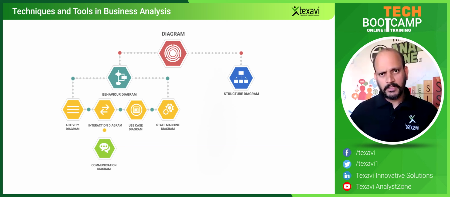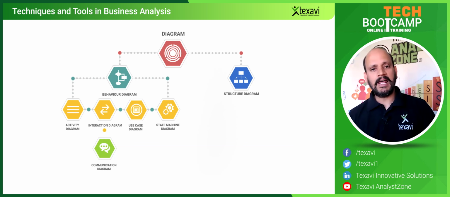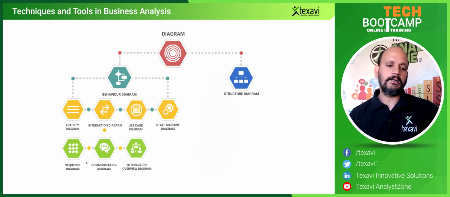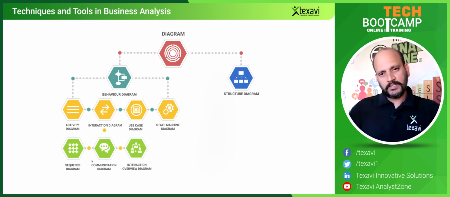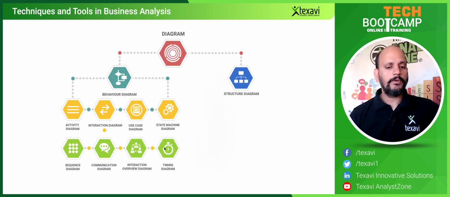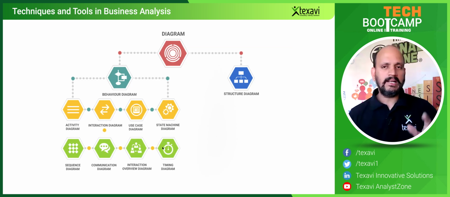All of these different applications and systems that your existing business relies on, you need to be able to interact with. That's why we develop these kinds of diagrams to depict the flow of messages, flow of interactions. A sequence diagram shows the sequence of how it all starts, where does it start, where does it go. I don't want to delve deeper into this because it's not the most important thing for you to work on, but you need to at least have an idea of what they're talking about.